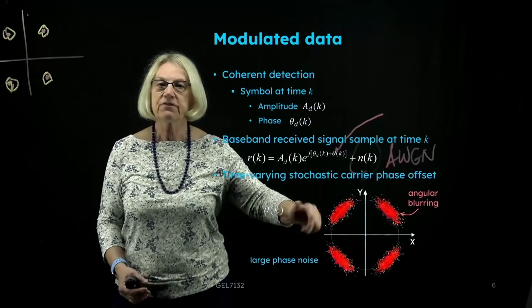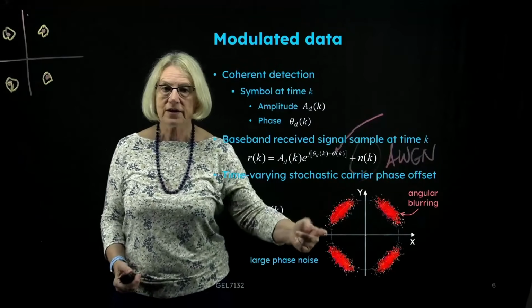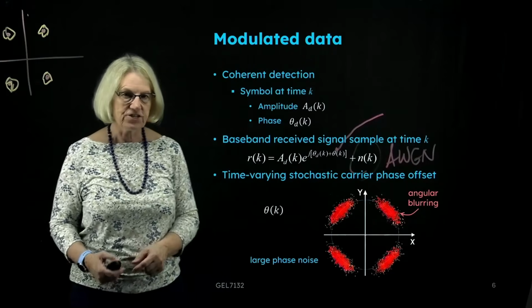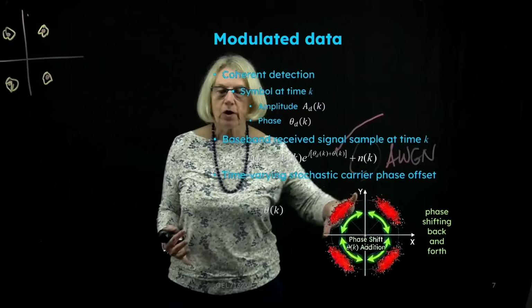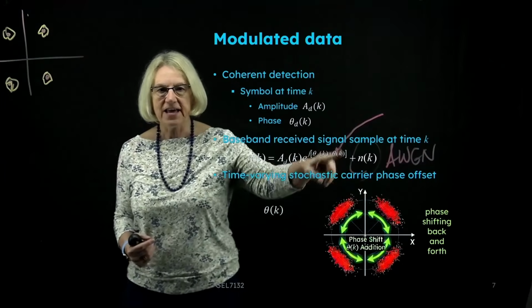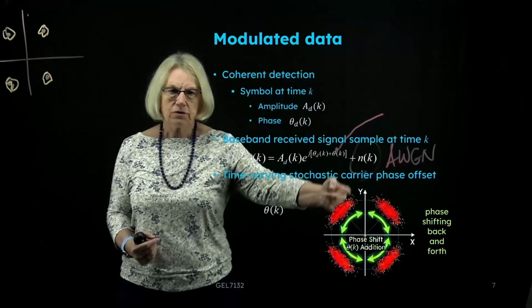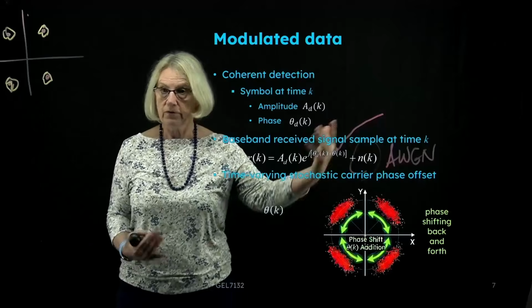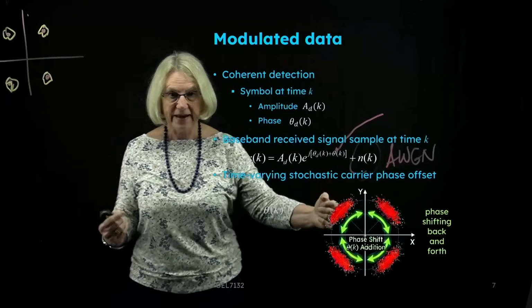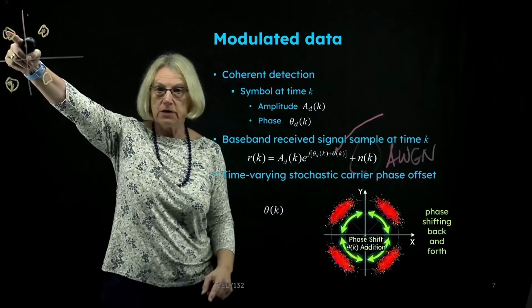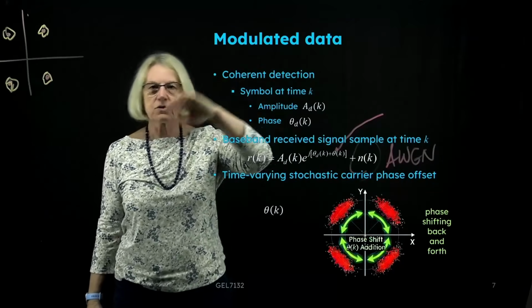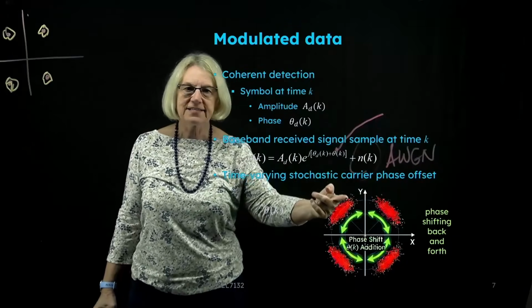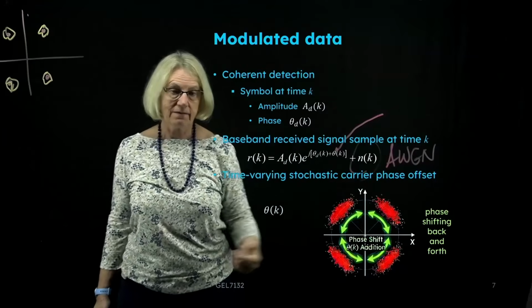It's going to be very difficult for me to tell what symbol was transmitted when I'm getting close to the edges here. So the source of this angular blurring is this phase variation that's doing a random walk, and we'll explain what we mean by random walk, but around these nominal 4 points, the phase is going up, it's going down, it's going all over the place, and it ends up creating this arc.